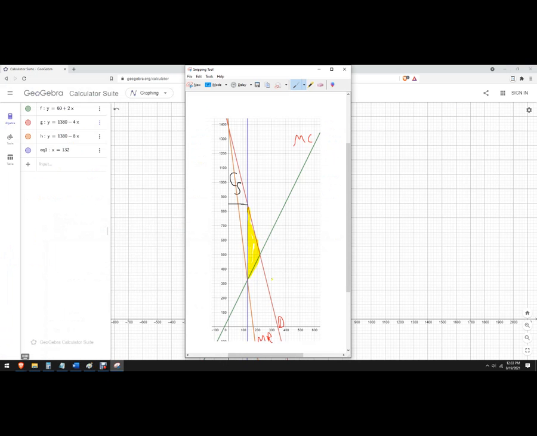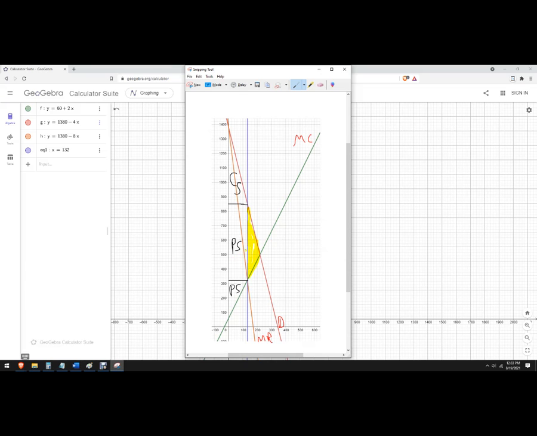So producer surplus is everything above marginal cost but below the price. So it's going to be two different things. It's going to be this part right here. So this is the first part. You can calculate that as a triangle right there, plus this. This is sometimes called the markup. This is the additional producer surplus that they're going to gain from that.